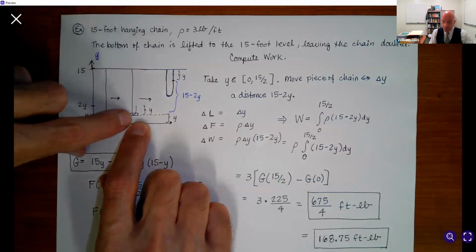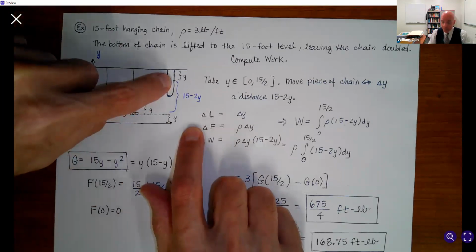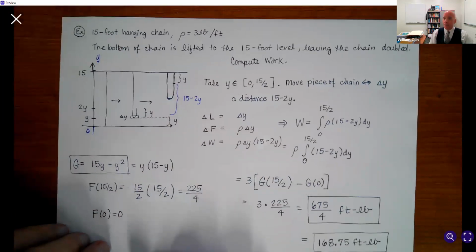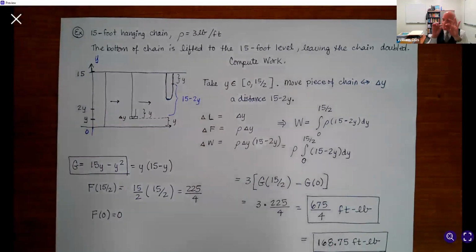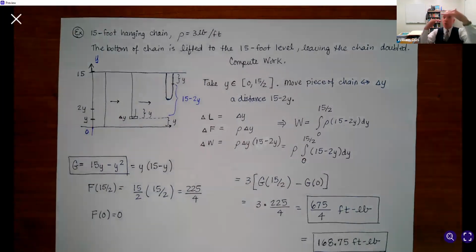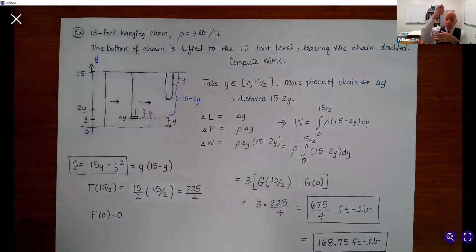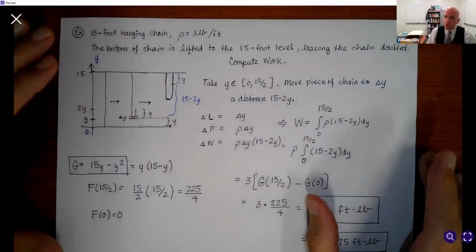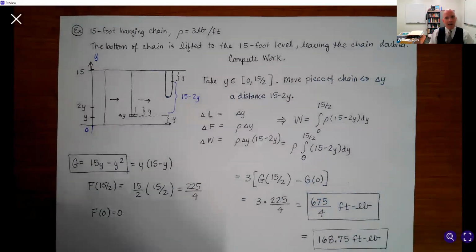Well, this piece right here, delta Y, will move a distance 15 minus 2Y. If we call this the Y, as I've notated here, and then take a little sliver, it will move that distance. It won't go any higher than that because the chain is going to be double. It's not going to be bunched up. It's just going to be double. And so this is what your homework gives you. But they just say a little bit. They don't say why they did this, but it is a good hint.